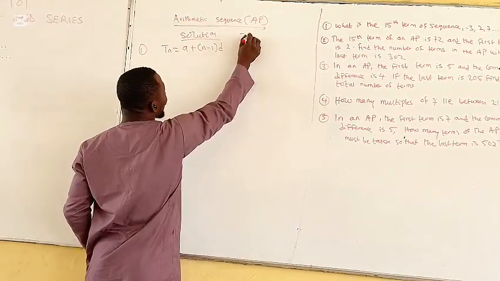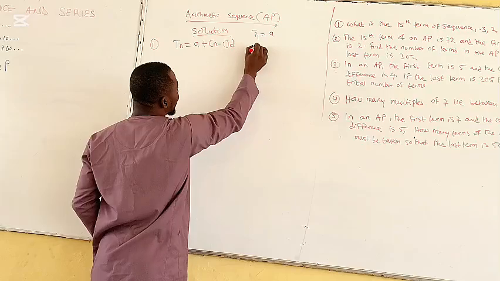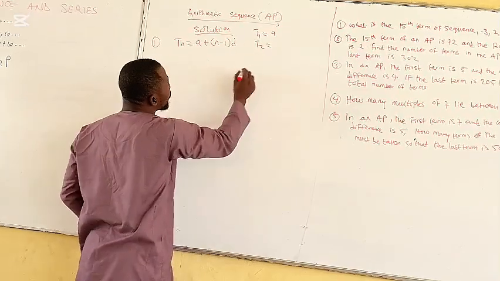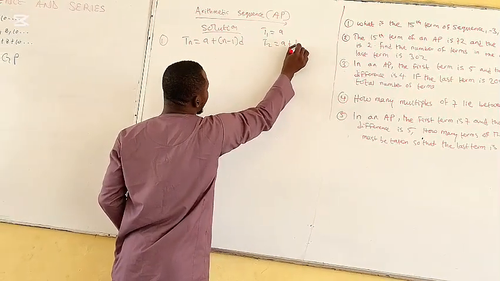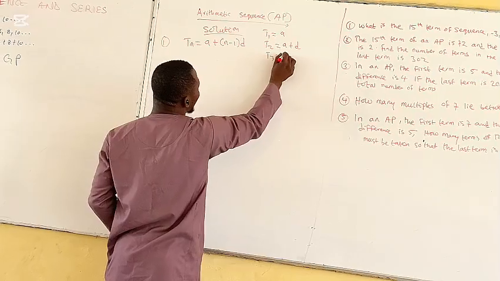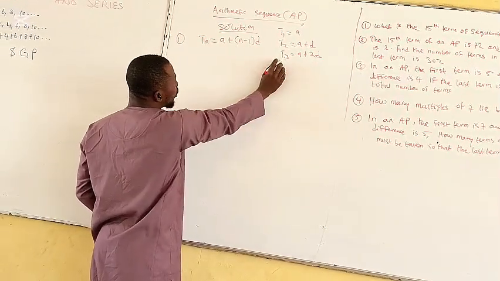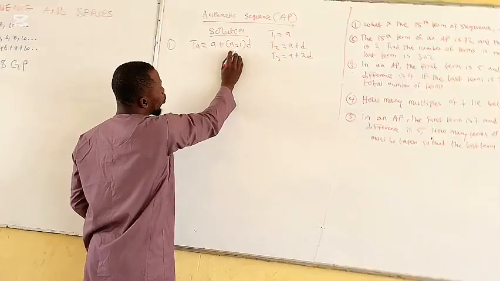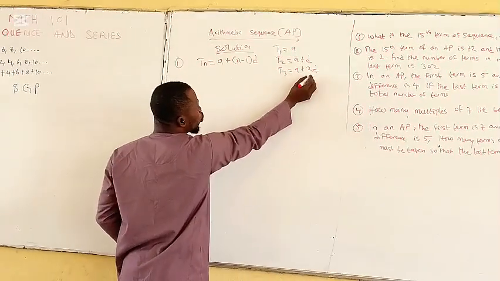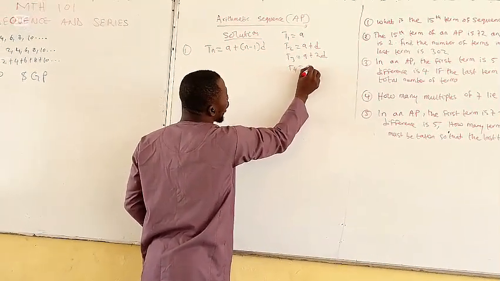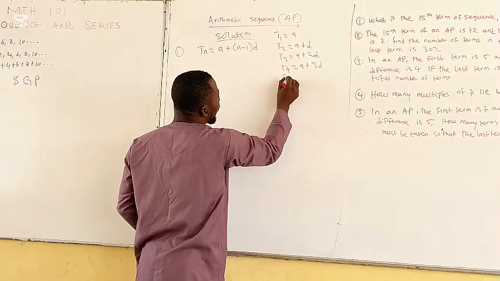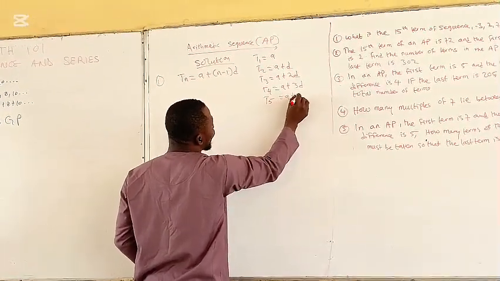That is, T1 is a, then our second term will be a plus d, our third term will be a plus 2d, because our n for the third term will be 3 minus 1, which is 2, then 2 times d is 2d. Our fourth term will be a plus 3d, our fifth term will be a plus 4d.